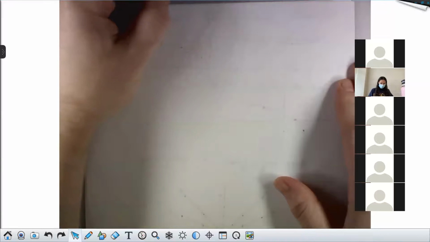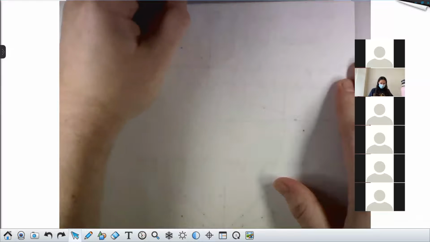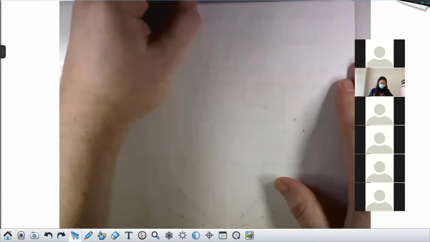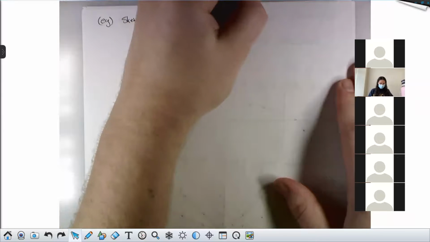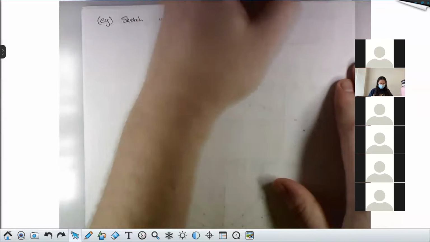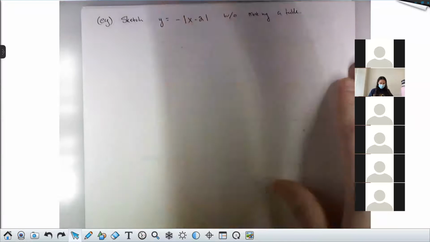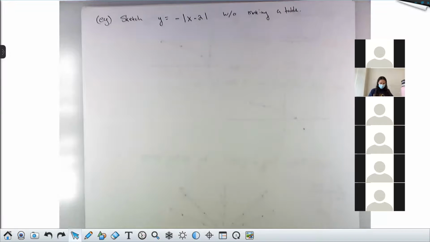Let's sketch y equals the negative of the absolute value of x minus 2 without making a table. Step 0, identify the parent function. So this bad boy's shape overall is going to come from the absolute value of x. That's the main thing going on here.